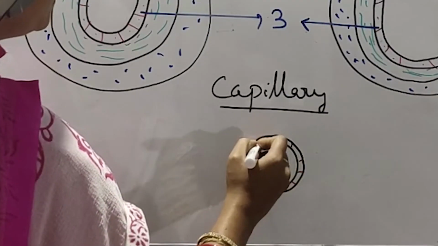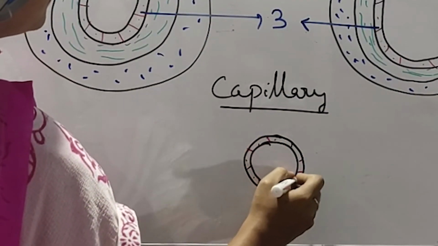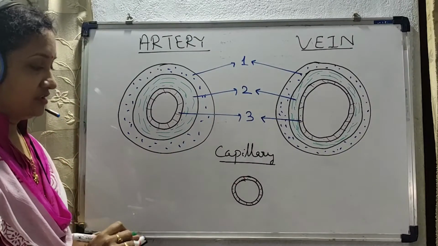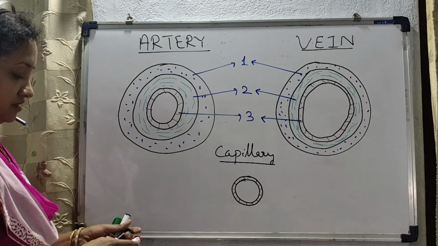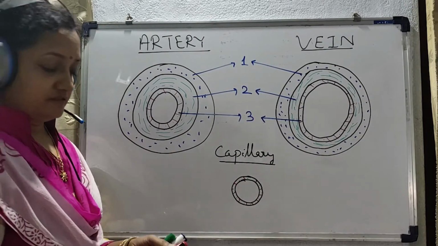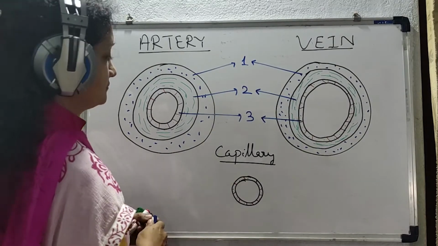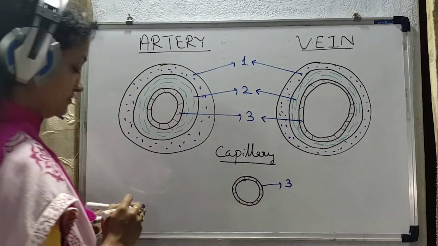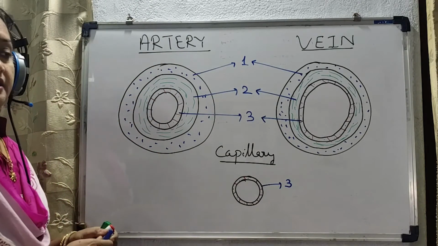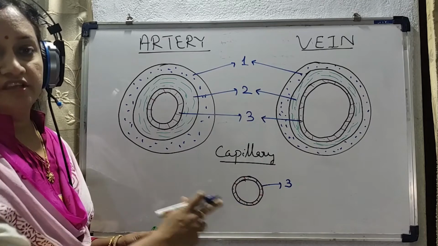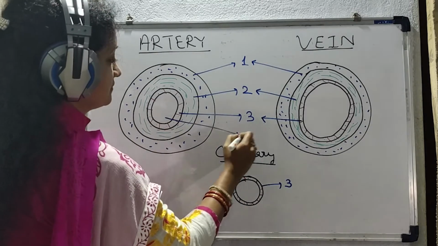The wall of the capillary is very thin. Why is it very thin? Because it is composed of a single layer of cells. So we will label that as number 3. Now what is common in these three diagrams? Number 4.